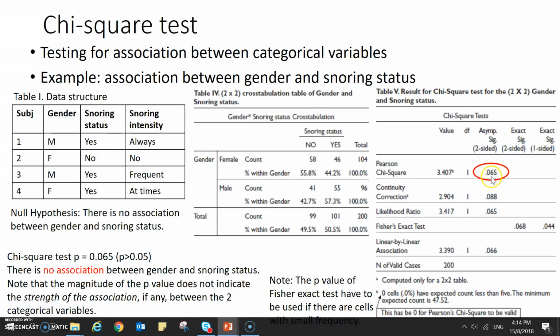In this case, the p-value is 0.065. This p-value is more than 0.05. So we conclude that there is no association between gender and snoring status. Note that the magnitude of the p-value does not necessarily indicate the strength of the association, if there is any, between the two categorical variables.